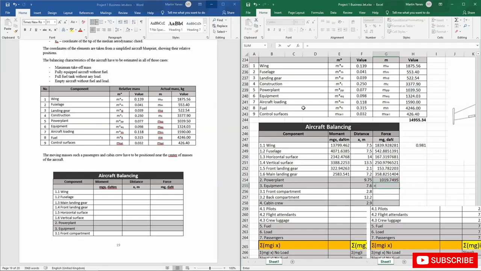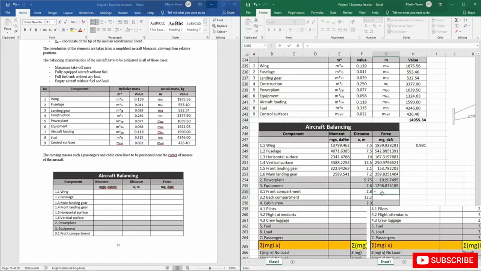The next one, let's use the equipment here, and this will be multiplied by this coefficient as well. After that, the masses of the front and the rear compartment are obviously half of the mass of the equipment. Usually half of it is positioned on the front and half on the back, exactly for this balance to be feasible. So you can see here the front compartment is quite close to the nose of the aircraft, while the back compartment is quite far from the nose, right?